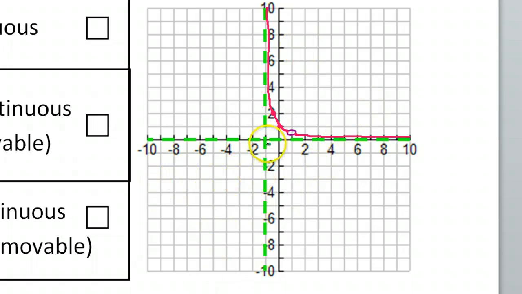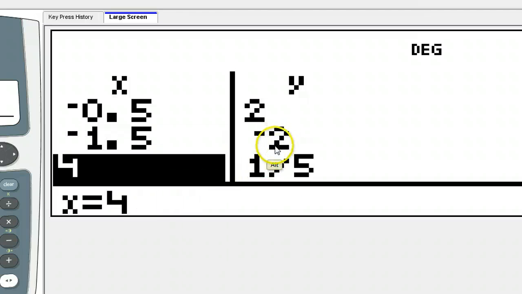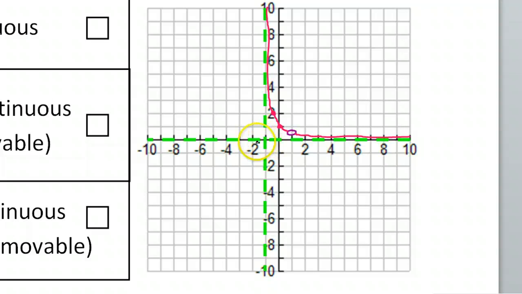Okay, so that branch is going to look something like that. Now this branch over here, so let's see what's happening. Let's get that decimal in there. So negative 1.5, let's check it out. Okay, that's negative 2. So negative 1.5 is at negative 2. How about negative 2?